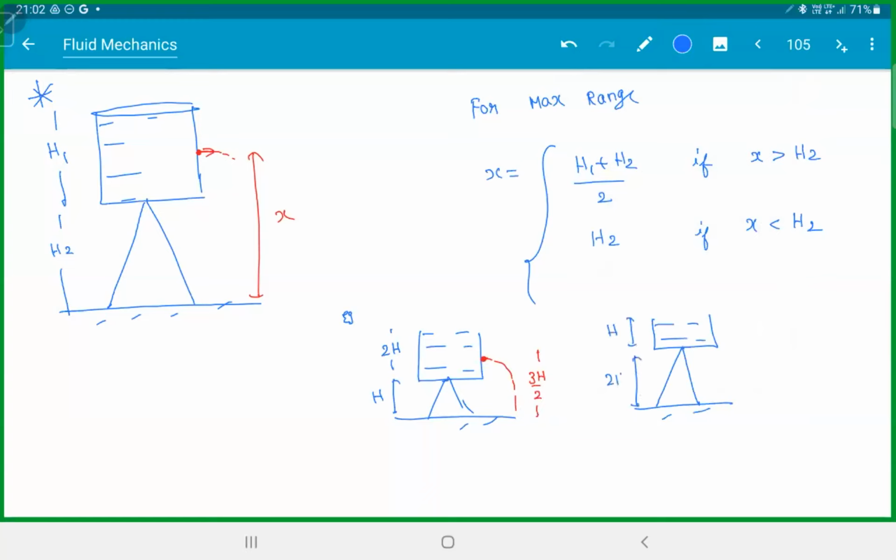Now where is 3h by 2? 3h by 2 is here, no? Is there any container there? There is no container. So water won't come out. So what is the best point that you can have? The bottom, right? Getting the answer, what I mean to say? When you take the midpoint, if there's a container, then it is fine. If there's no container there, then the lowest point of the container is the answer.